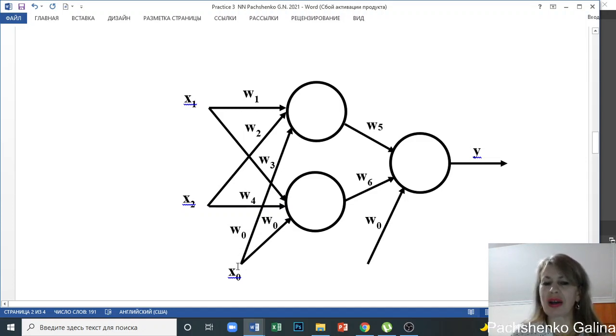This is our additional input, the bias, that is always equal to 1, but it has a weight W0, some value from the range from 0 to 1, but it may be negative, of course. And it goes to neuron 1, to neuron 2, and to neuron 3. So this is the second part of our program.